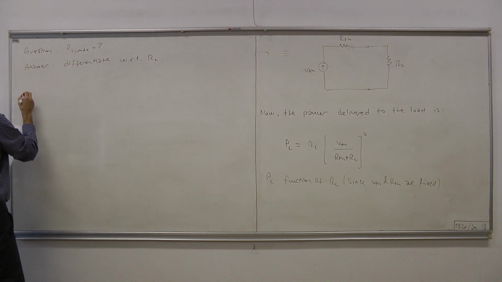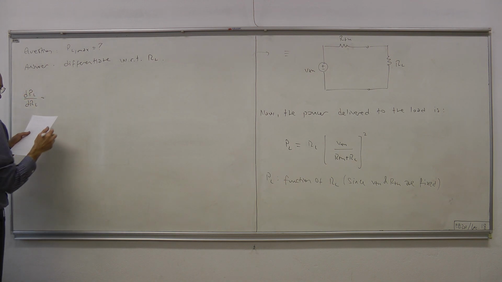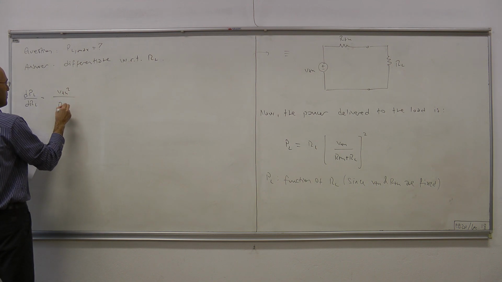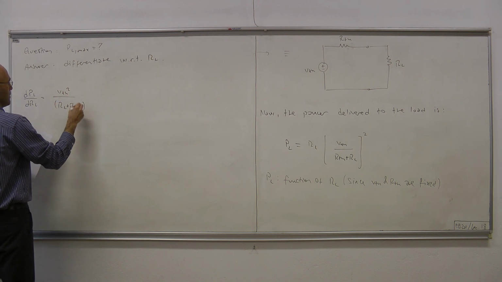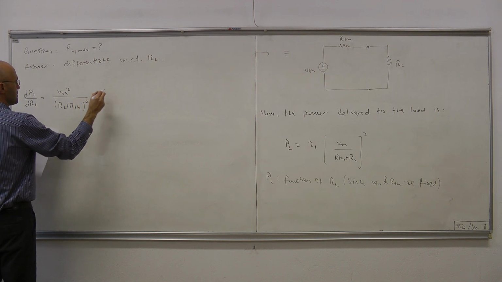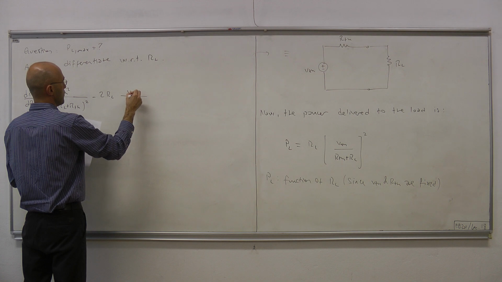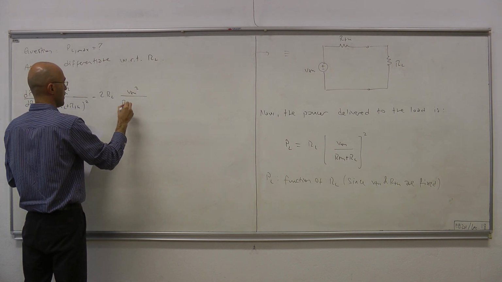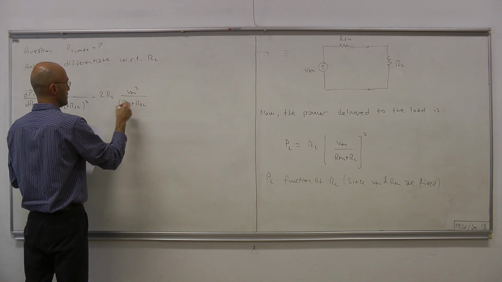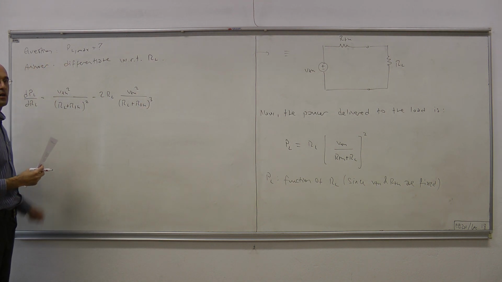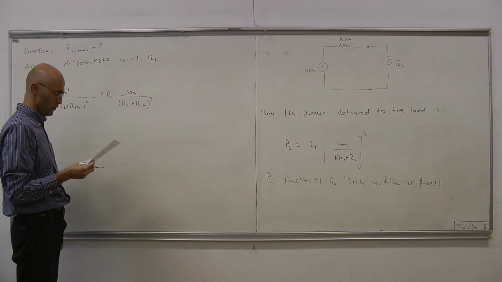Okay. So dPL dRL is V Thevenin square over RL plus R Thevenin square, minus 2RL V Thevenin square over RL plus R Thevenin cube. That's the derivative of the power with respect to the design parameter.